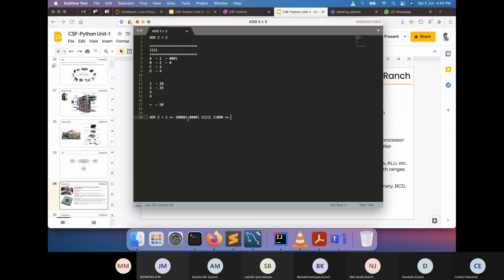This is the word length we are talking about. So we are representing each character by 4 digits. Today's computers take it to 64-bit. Sometimes you might hear 32-bit, 64-bit. That's the word length of the processing capacity. So each word is represented by 64 bits.